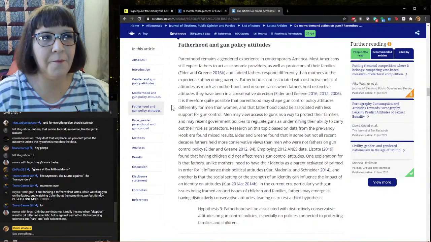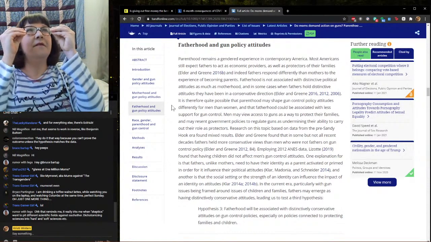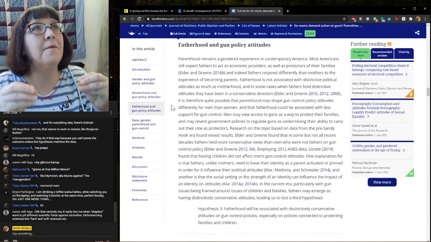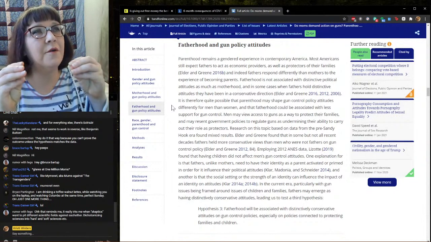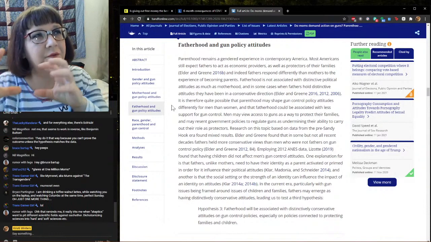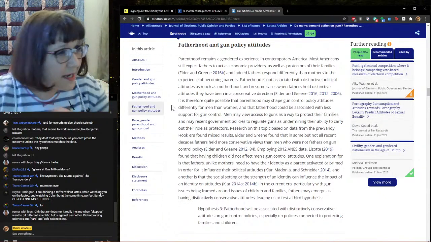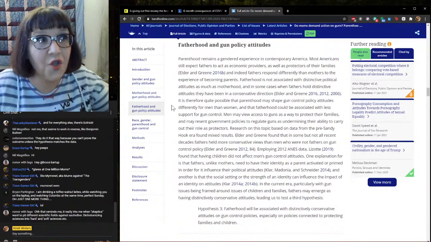idea out there. The problem is it's not empirically supported, the idea that motherhood is somehow unique from fatherhood or so different from non-parenthood that it's going to make people's political beliefs so much different.